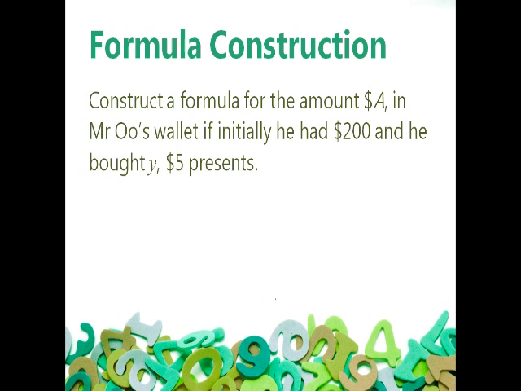So let's construct. A is equivalent to 200 minus 5 times Y, which makes sense because we are looking into the amount that Mr. O has after he had spent 5 times Y amount of money, and you deduct it from the $200.